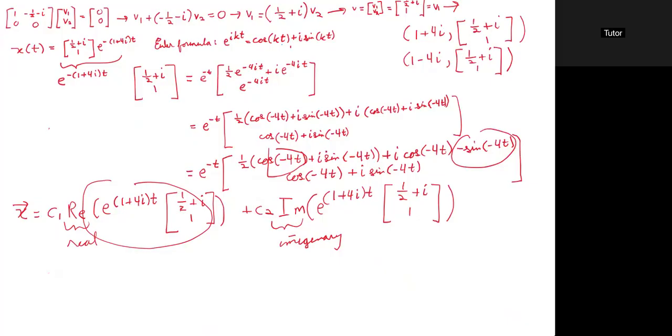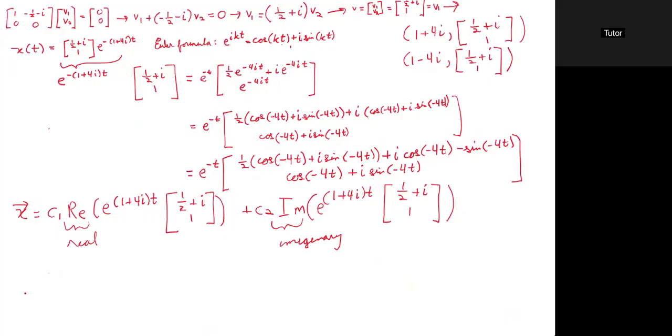But we exclude the other two values from the real part since they are imaginary parts. However, in the imaginary part, we will have basically sine of negative 4t and cosine of negative 4t.